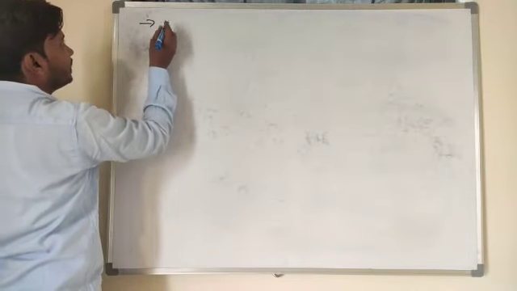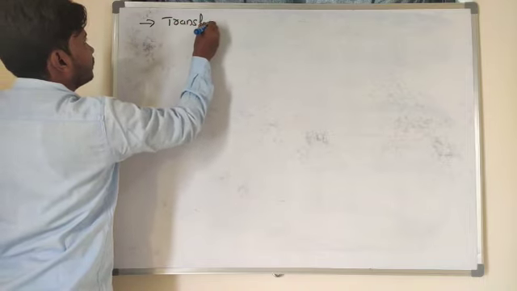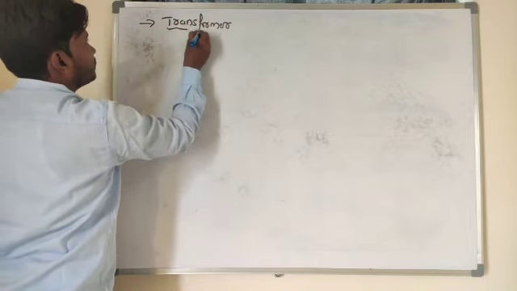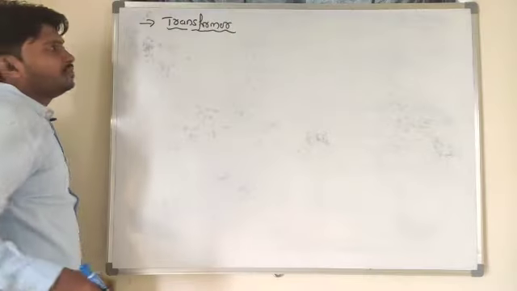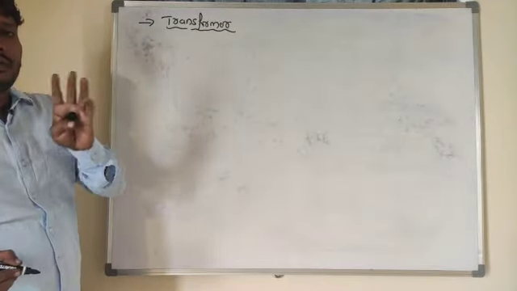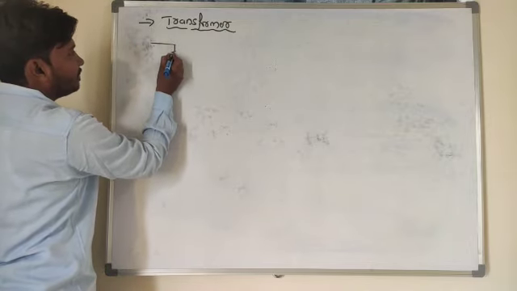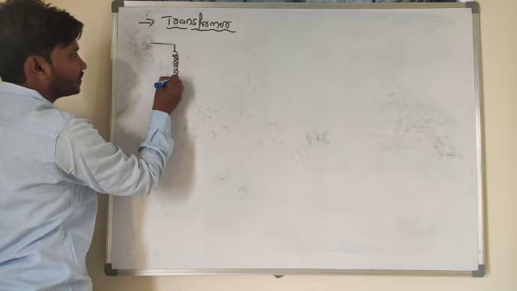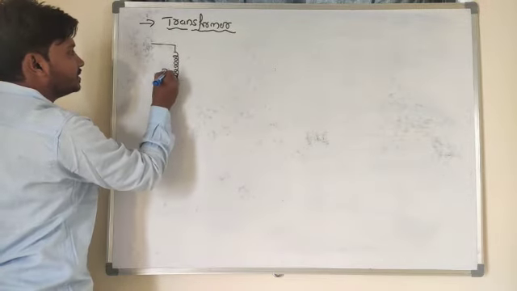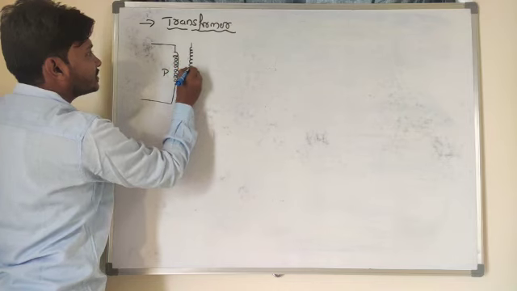So now let me consider that transformer. What is a transformer here? A transformer is a device which is used to step up or step down the alternating voltage. So in case of a step up transformer, this is the primary coil and the other one is the secondary coil.